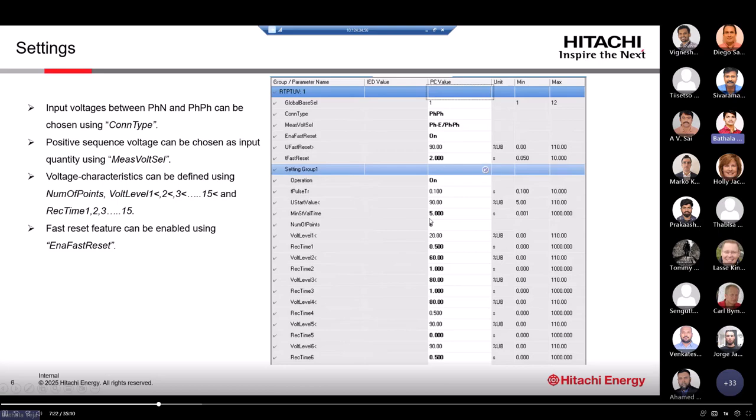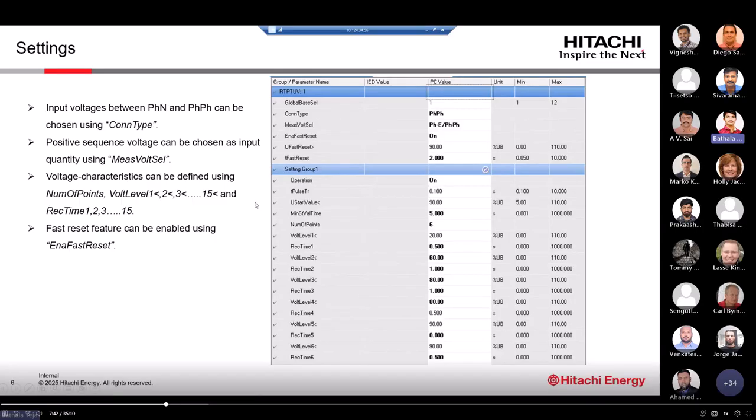So if the healthy voltage is maintained for at least this settable amount of time, only then will we start looking for under voltage condition. That is the meaning of ready. Once this condition is satisfied and ready becomes high, the function starts looking for under voltage condition.